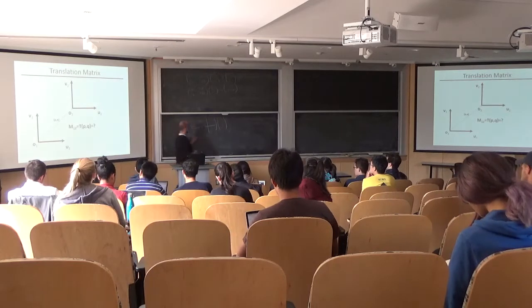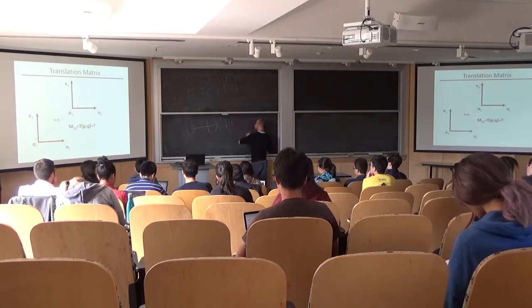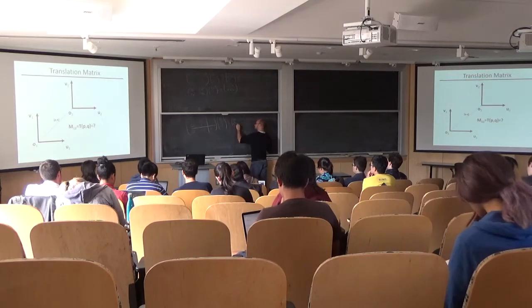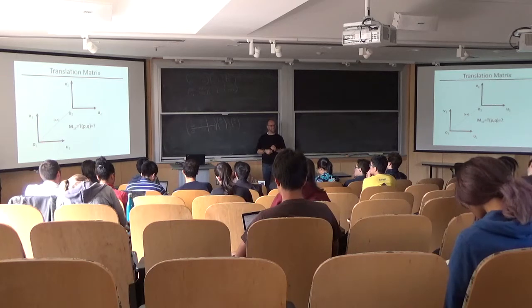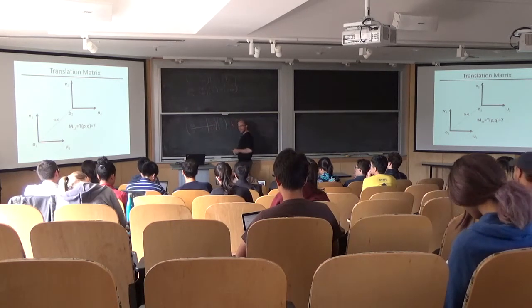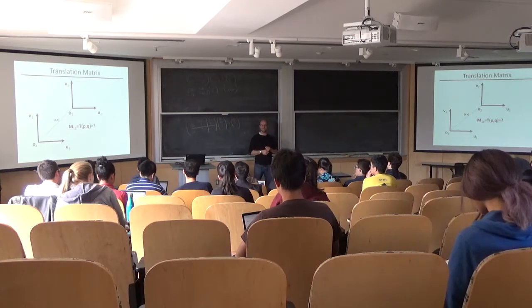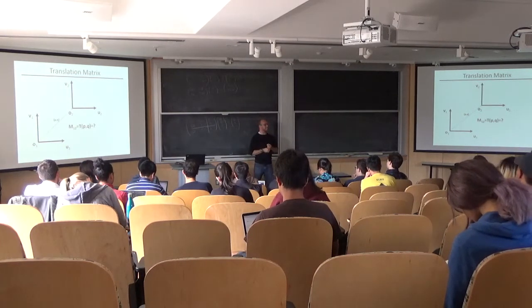So if I put the origin in, I should get PQ. So you can guess from here that your last column is PQ, just using the trick we showed before. Does this make sense?